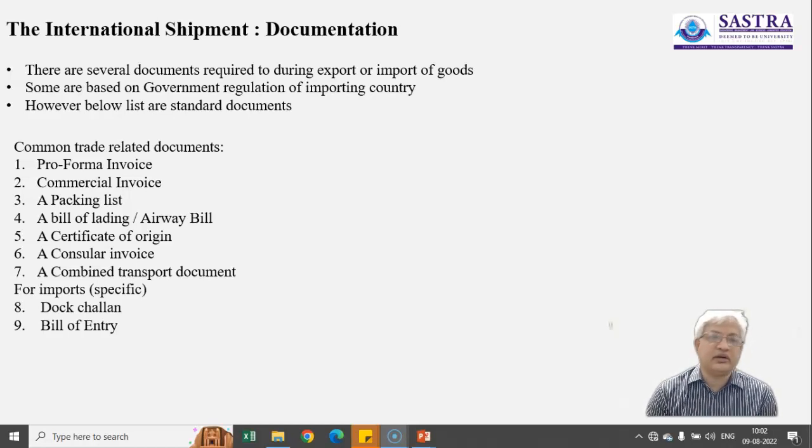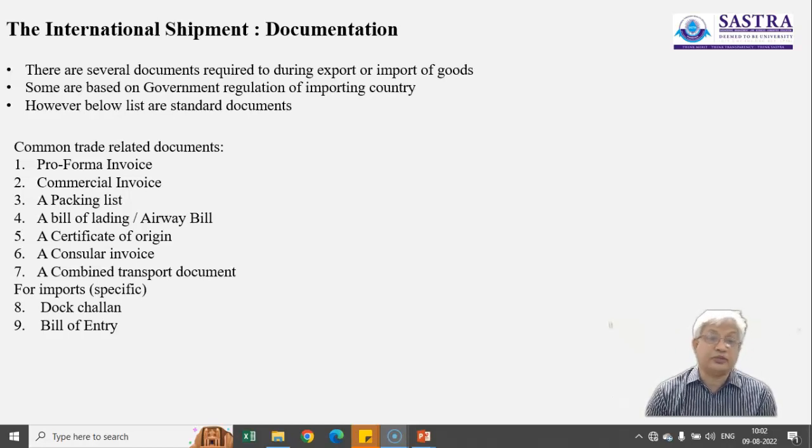Some common trade related documents are the pro forma invoice, commercial invoice, a packing list, a bill of lading or an airway bill depending on the mode of shipment, a certificate of origin, a consular invoice. Well, this is not a standard document in the sense some countries do not actually require this, and some countries' guidelines mandate that a consular invoice is a must.